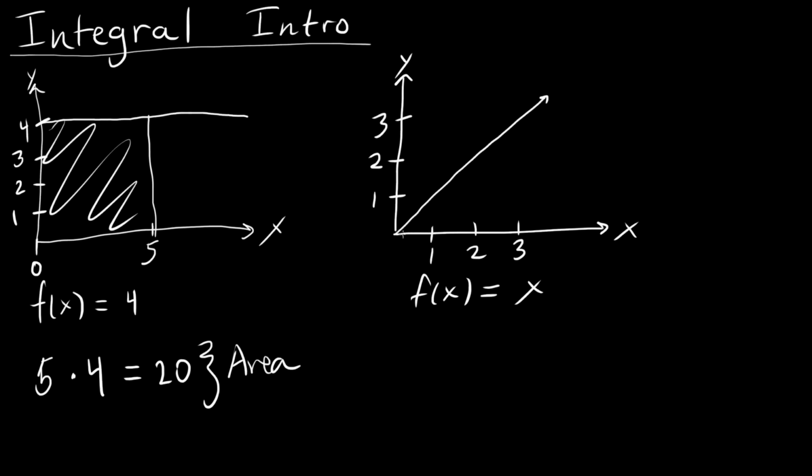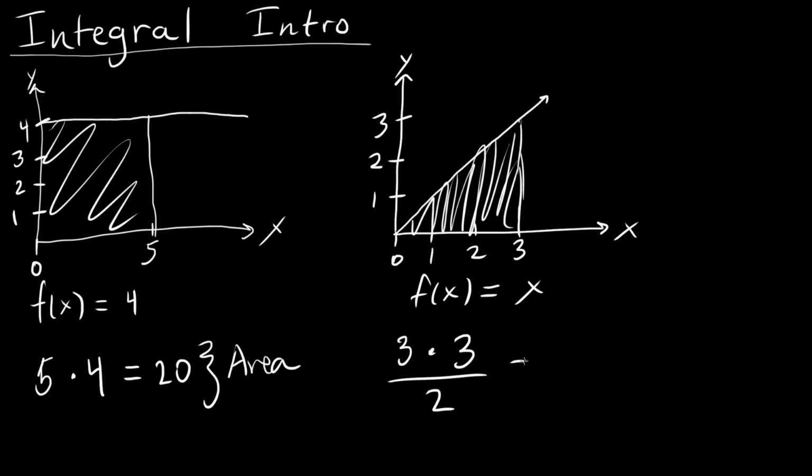Let's say that we want to find the area from x equals 0 to x equals 3. This one is a little less trivial. We cannot just do distance in x times distance in y. But since this looks like a triangle, which it is, we can follow pretty much the same method, but just divide the total area in half, because that's the formula for the area of a triangle. So change in x, change in y, and then divide by 2, and we get 4.5.